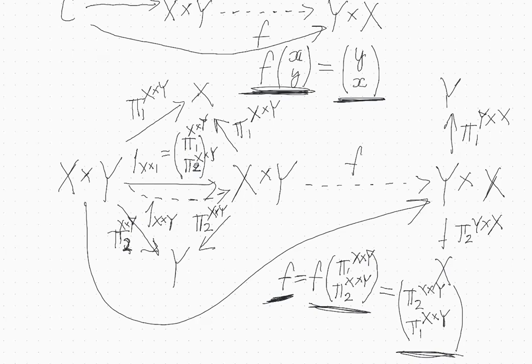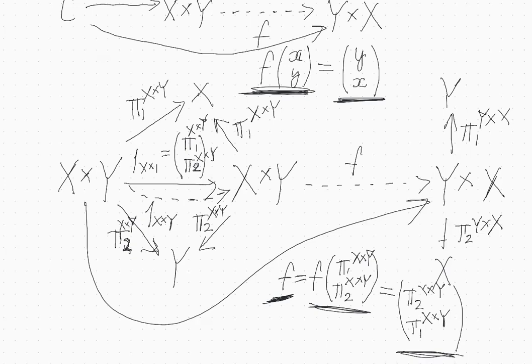But in this scenario, pi 1, pi 2 ended up being the identity morphism. So we're looking for f such that f composed with the identity morphism gives us pi 2, pi 1. Can we find such f? So should f not just be pi 2, pi 1? Exactly. Yeah, that's what f is. Okay, it was easy, right?